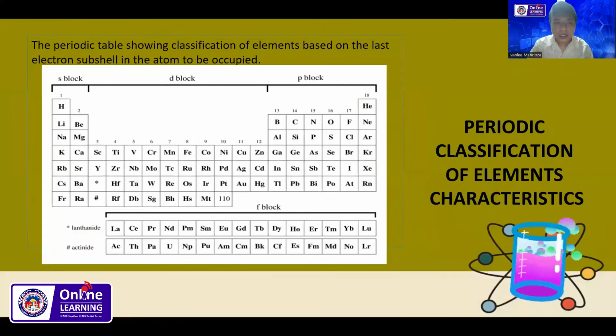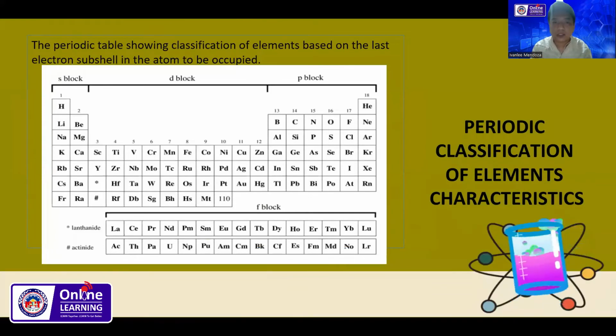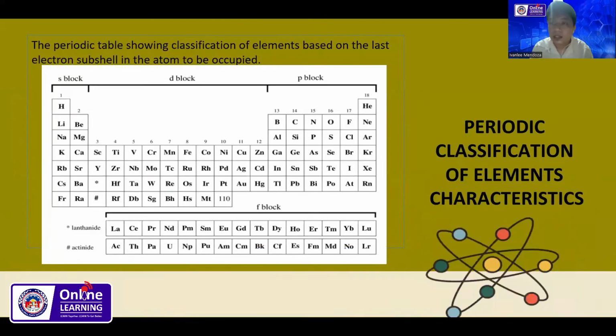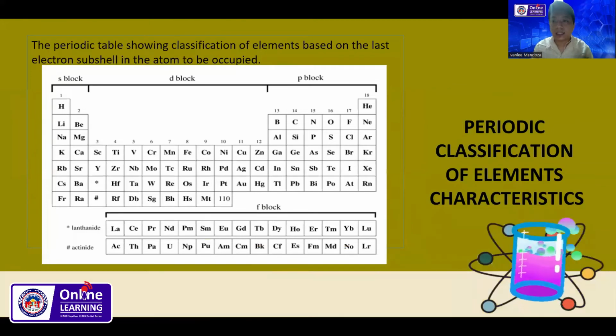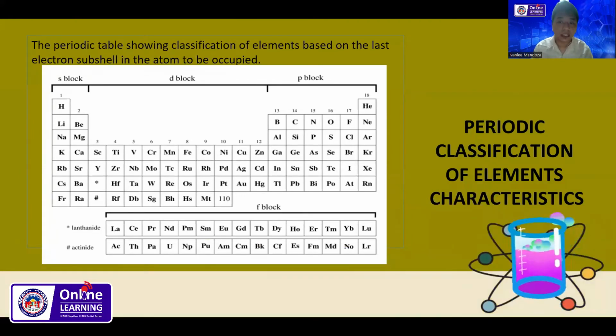Now, this is the periodic table showing classification of elements based on the last electron subshell in the atom to be occupied. So again, let us recall, if we say subshell, we have the S subshell, the P subshell, the D subshell, and the F subshell.